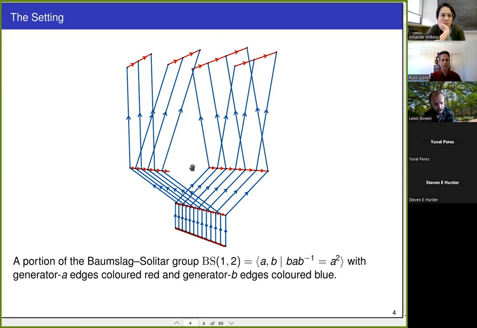It's a little bit hard to see. The red edges are A edges and the blue edges are B edges. You can see for every edge between blue, there are two going down, but there are two ways to go up depending on which of the pairings you take.